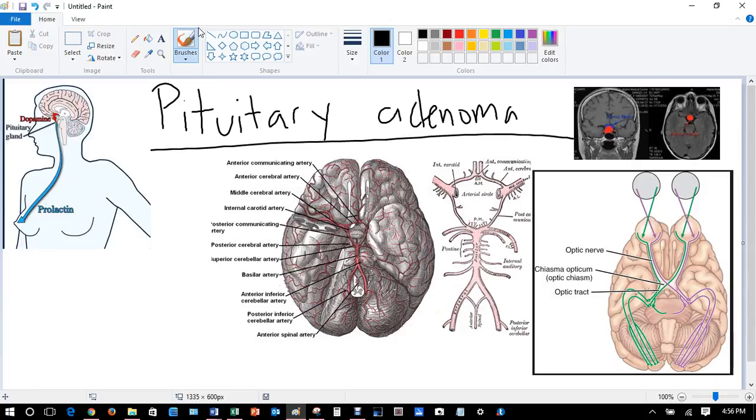Essentially, your pituitary is sitting right in there. If a person has a pituitary adenoma, that means this little area right here, and look at this optic tract. This is where the tumor is, and what's that going to do? Look at this middle part right here, the optic tract. It's going to mess up your vision. They call this bitemporal hemianopia.